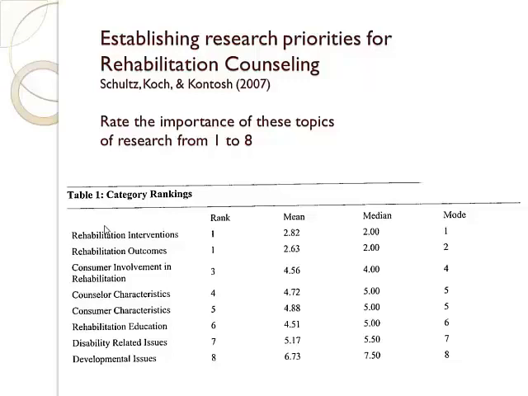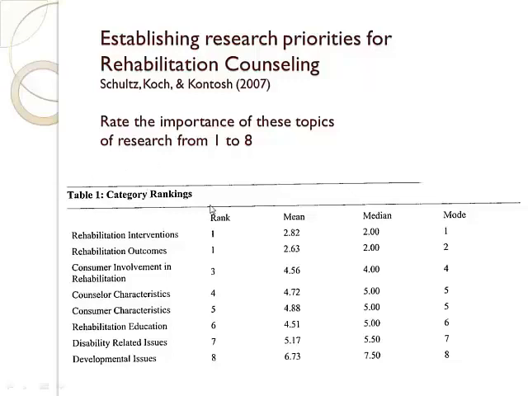And then they asked members of the rehabilitation counseling profession to rate the importance of these topics, so we could have an understanding of what people in rehabilitation counseling thought was the most important thing to study and what was less important to do research on. So they said rate the importance of these topics of research from 1 to 8.